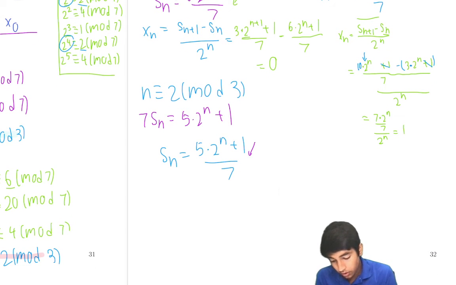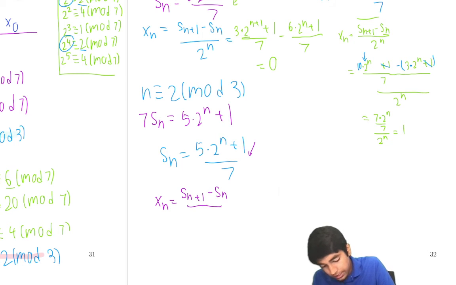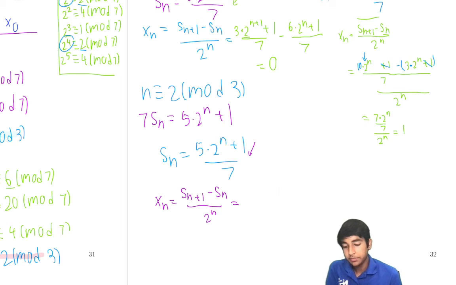S of n, okay, so we know that our formula again, x of n is s of n plus 1 minus s of n over 2 to the n, right? S of n plus 1 is just, well, n plus 1 is 0 mod 3.